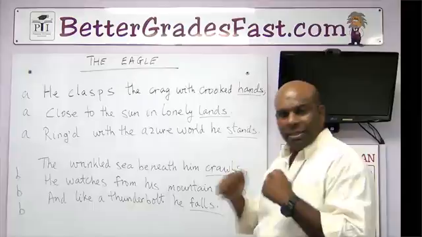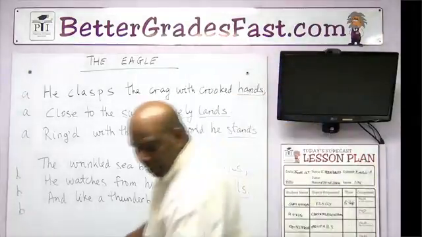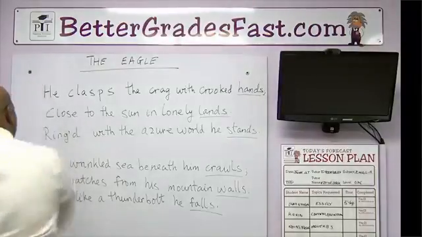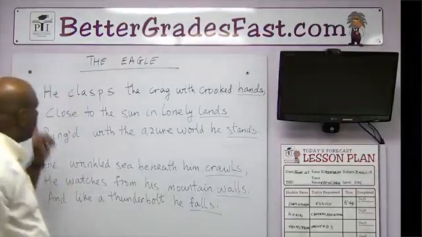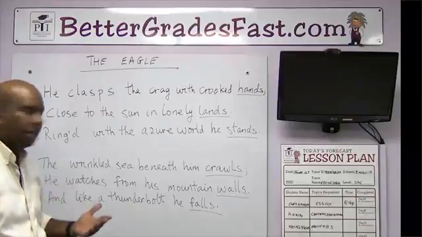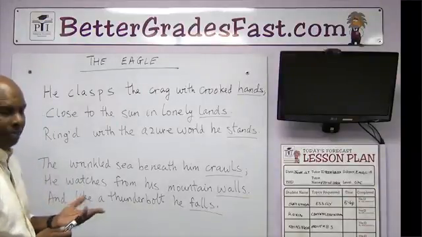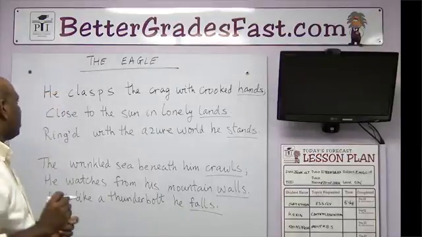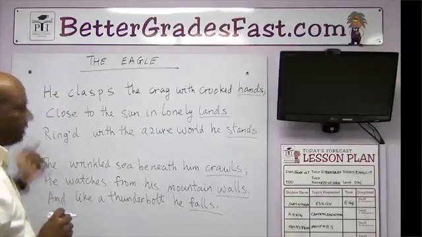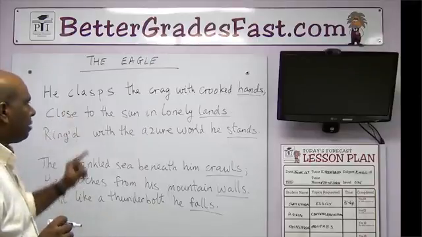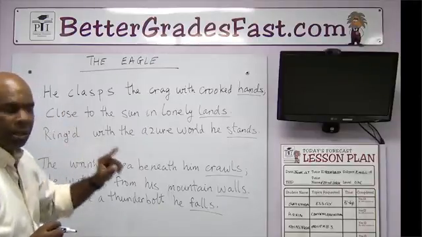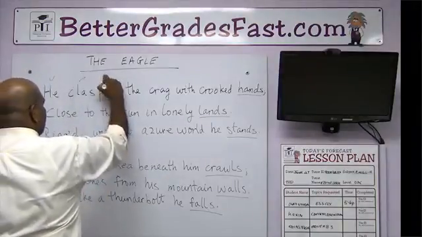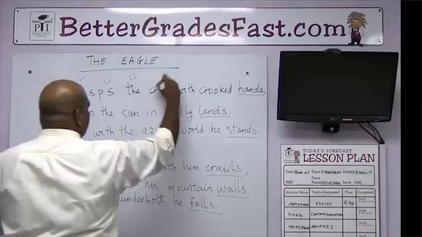Stress means emphasis. Alright, let me take off my rhyme scheme here so you won't get confused. If I were to put the stress on the words, let's see how it will read. I'll put a little tick for stress and a little U for unstress. So let's begin. He clasped the crag with crooked hands. So no stress here, stress there, down here, down here.